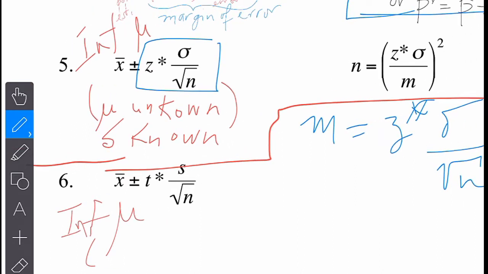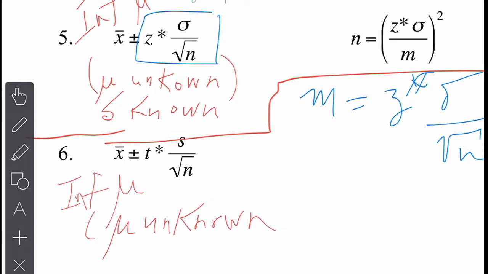So inference on mu. It's educated guessing on what is the true mean, the population mean, where we don't know it, and neither do we know the population variance and standard deviation.